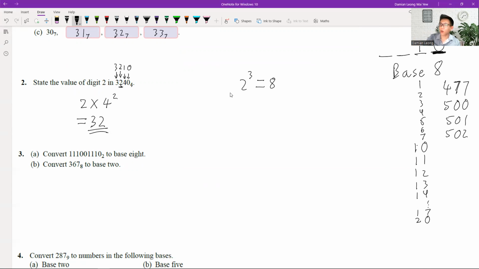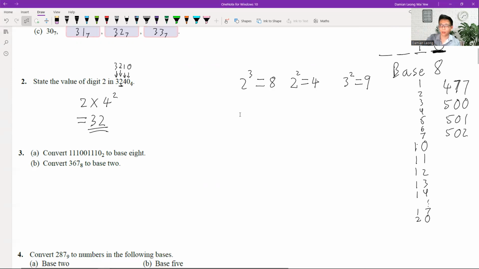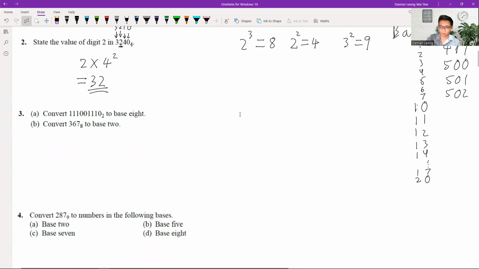So same goes for base 2 and base 4, base 3 and base 9. Because base 2 and base 4, 2 to the power of 2 is 4. Base 3 and base 9, 3 to the power of 2 is 9. So there are special relations for these 3 sets of numbers.